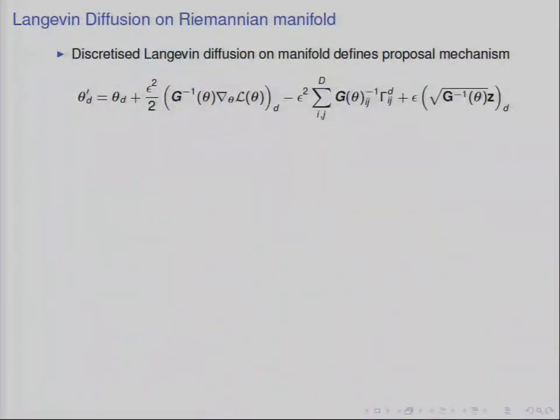And if you remember, we finished off yesterday by saying, well, we could take all of these geometric properties that the manifold associated with the functional objects of interest are endowed with, namely the metric tensor and the connection, and we could then start to define mechanisms that will allow us to develop a proposal mechanism and therefore a transition kernel for a Markov chain Monte Carlo method that would exploit these geometric properties.